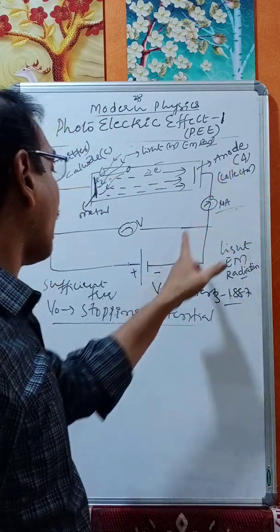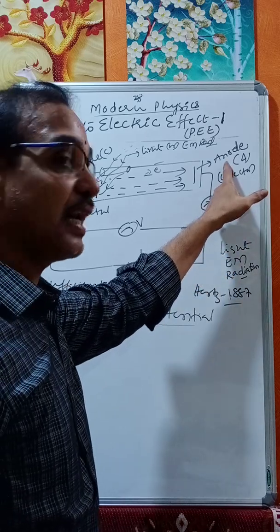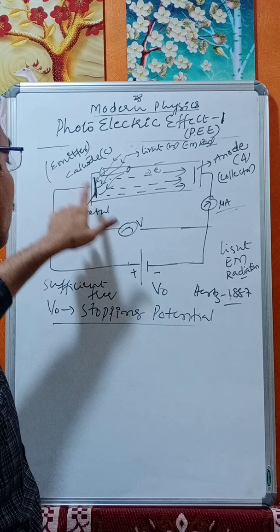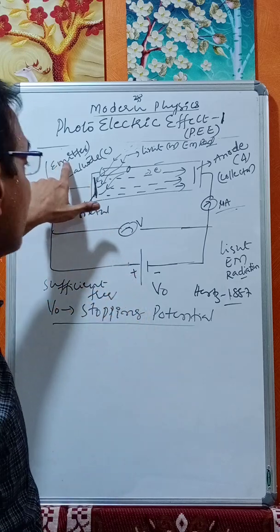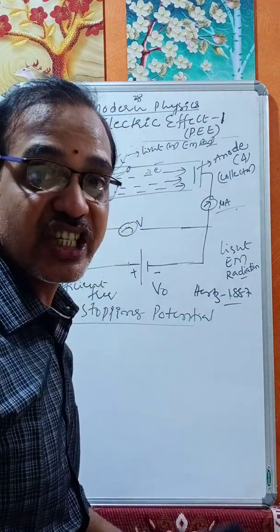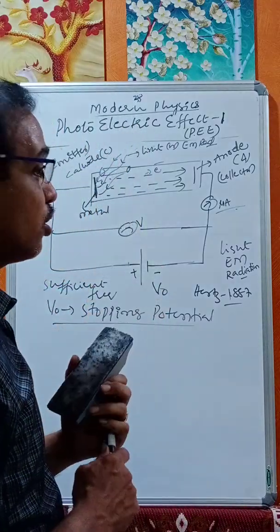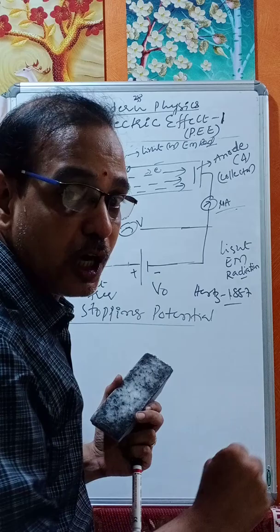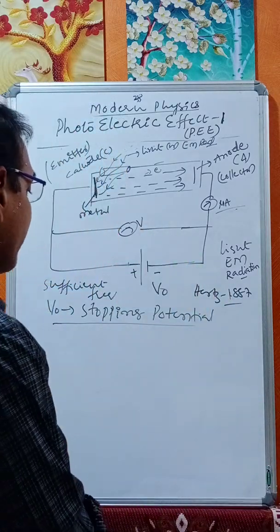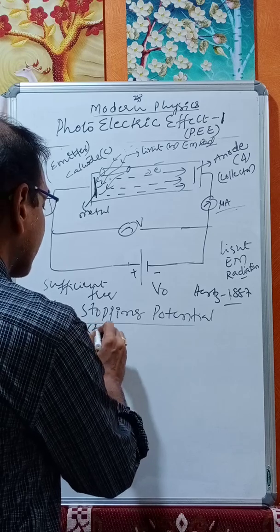Stopping potential is the negative potential at the anode or collector, or the positive potential at the cathode or emitter, which just stops the electrons from reaching the collector. So the potential which stops the electrons from reaching the collector is called the stopping potential.